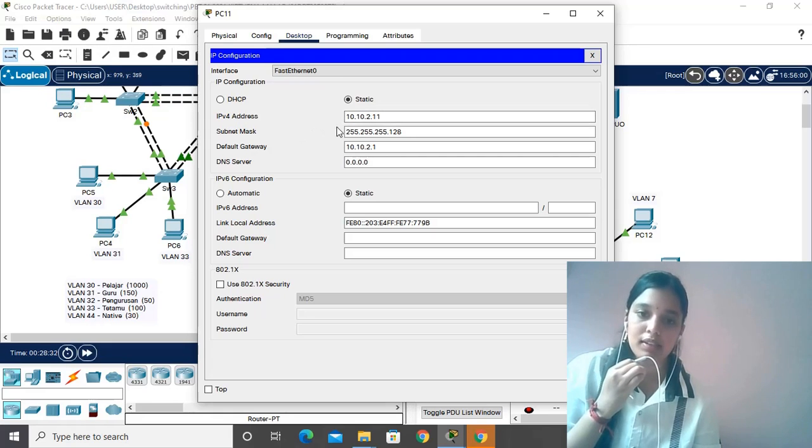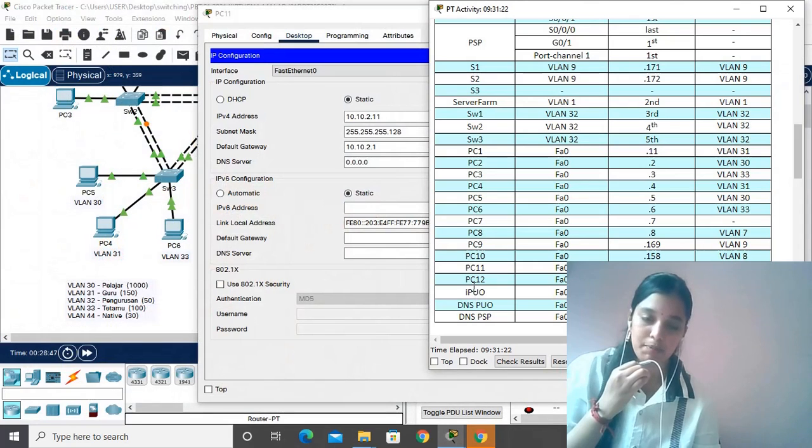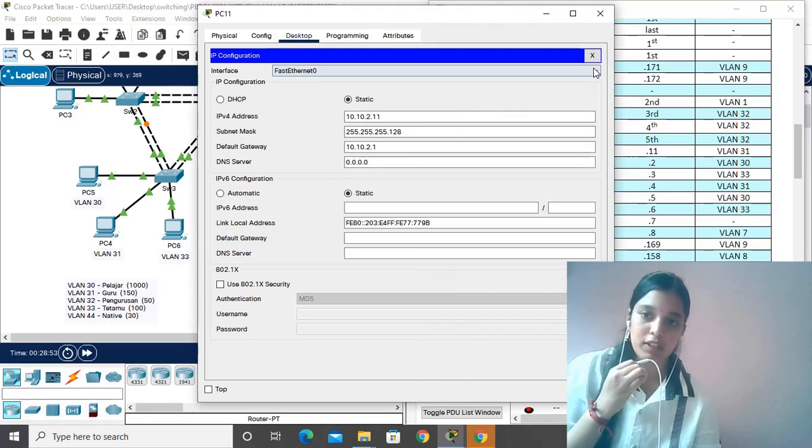The subnet mask I have done 255.255.255.128, and the default gateway I have given 10.10.2.1. Okay, we should write all the PCs that are given. There are PC 1 until 12. We should write the IPv4 address to all the PCs given to configure.